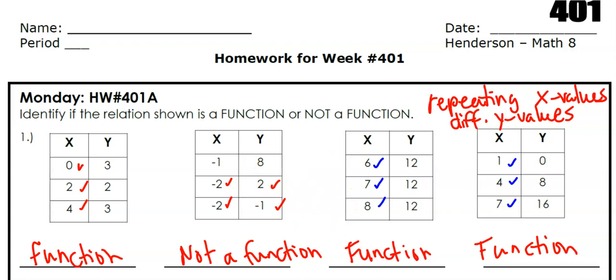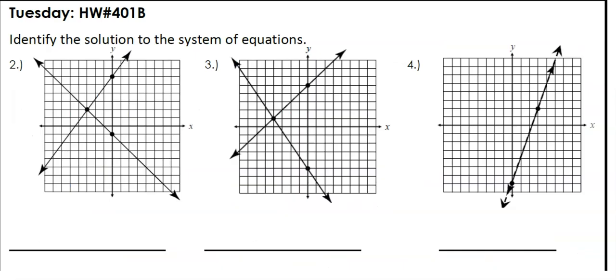Let's take a look at the second section of this homework, which is to identify the solution to the system of equations. Now remember, a solution is the point of intersection. So our point of intersection here for this question is (-3, 2). So -3 on the x, +2 on the y.